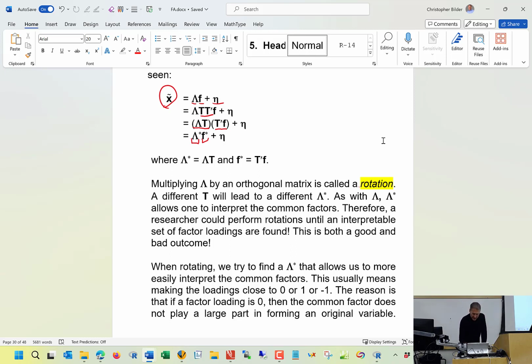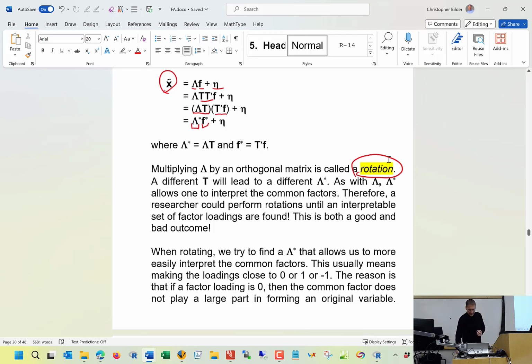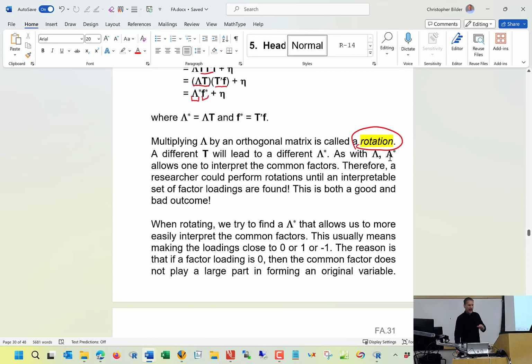Now, this idea of choosing a different T is what's often referred to as a rotation. And that's because there can be actually a geometric interpretation of exactly what we're doing here. I'll show that a little bit later.